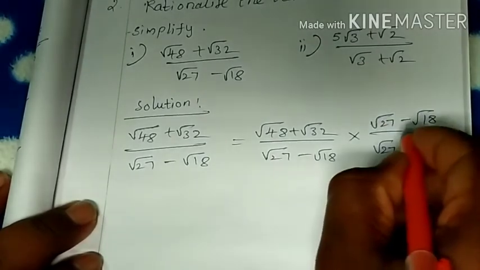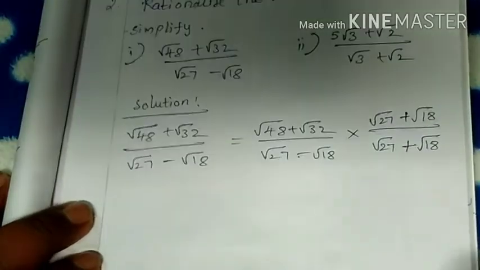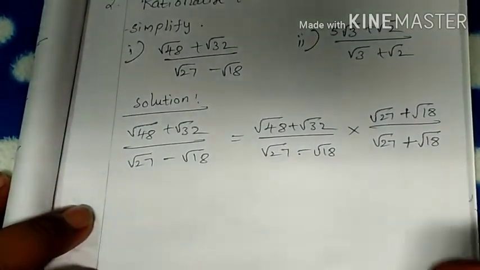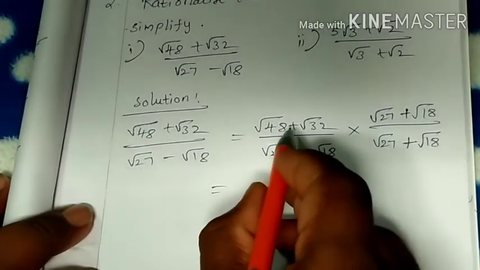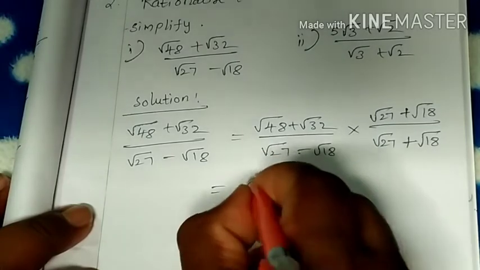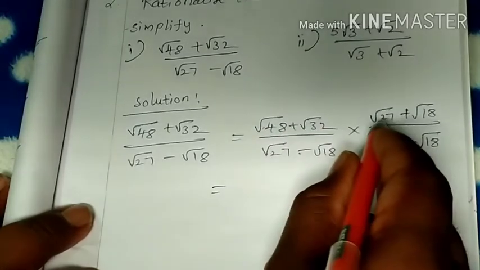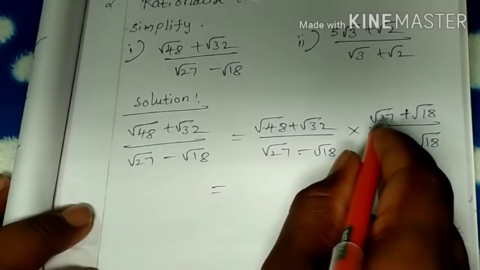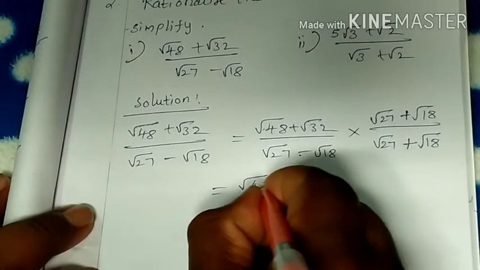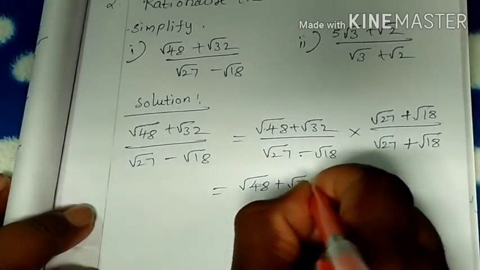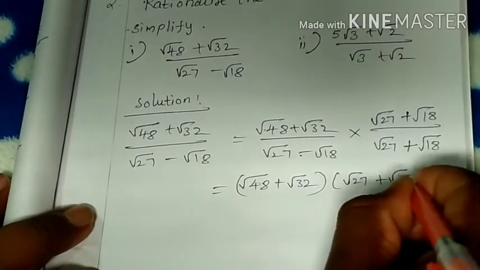So change the sign, the conjugate sign. Here minus becomes plus. Multiplying with the conjugate, this is a multiplication of two values: root 48 plus root 32 into root 27 plus root 18.